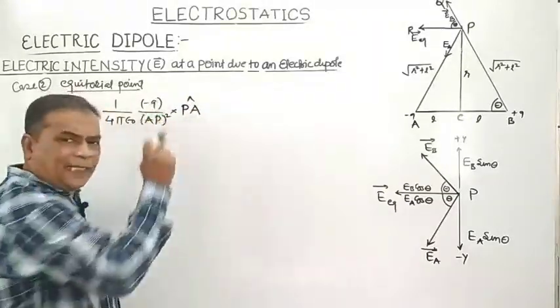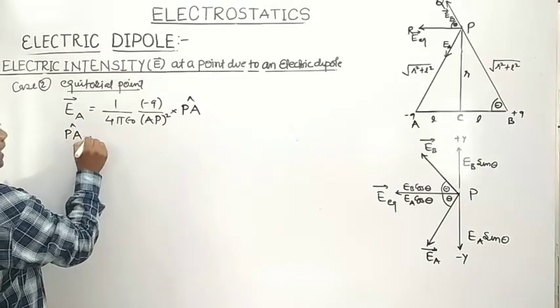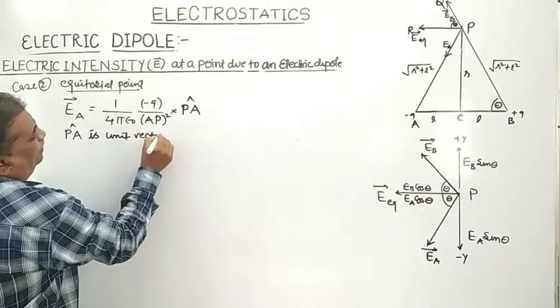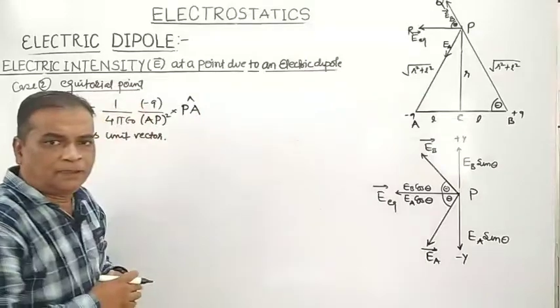What is PA cap? PA cap is a unit vector pointing from point P towards point A.